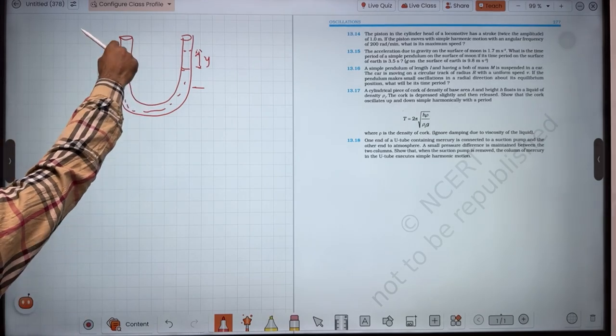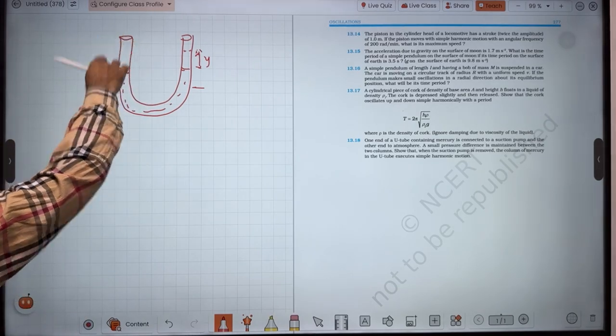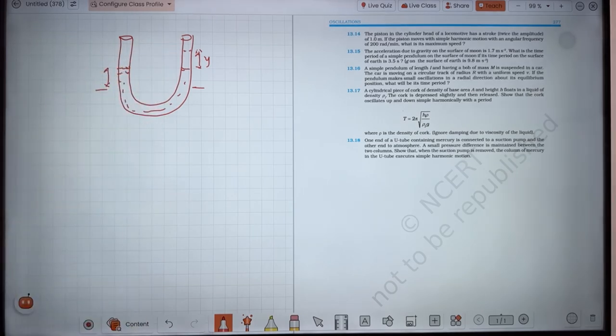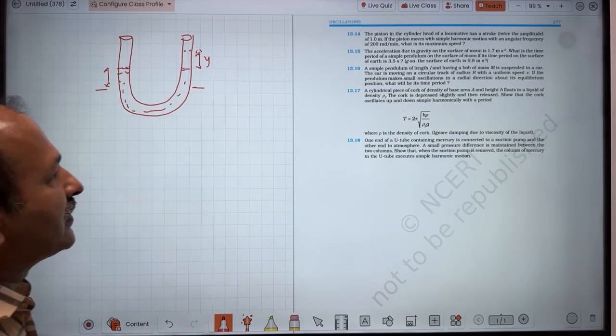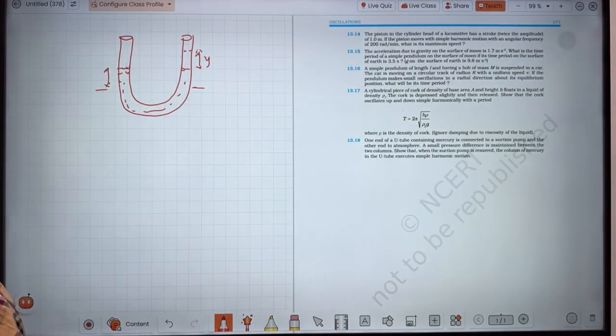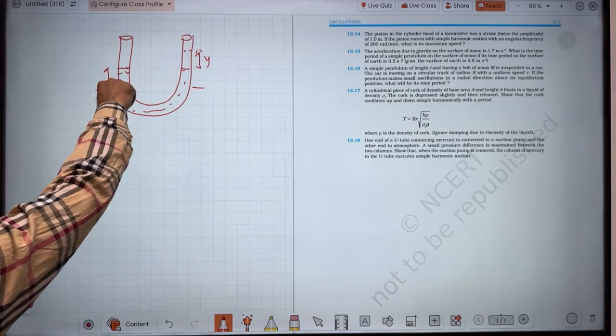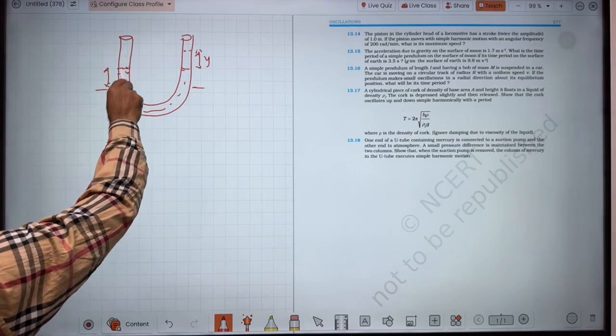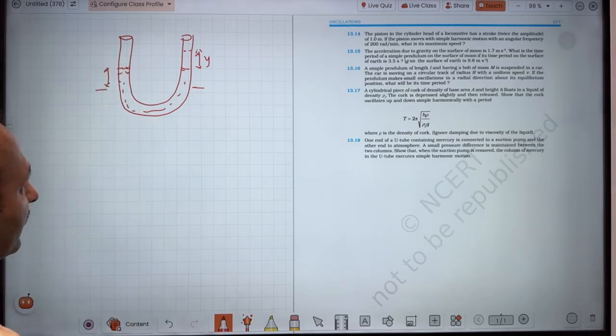And when it is left, means after depression, when you are pressing it and if you leave it, then the liquid will start oscillating, and here our concern is to find its time period, right? So for that we have to consider the mass of liquid that is oscillating here, the mass of that portion. Also we have to consider that it is depressed. So let's see one by one.